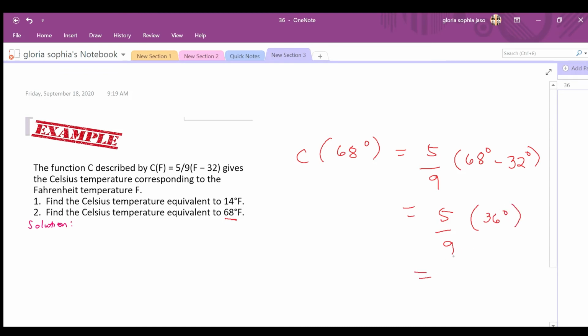So, 36 over 9, so pwede nating i-cancel and that is equal to 4. So, 5 times 4, so that is equal to 20 degrees.